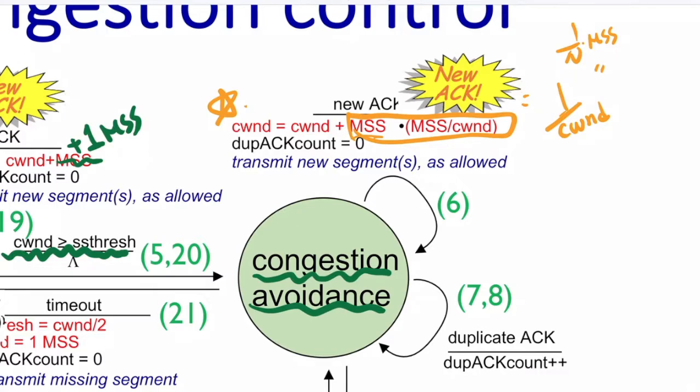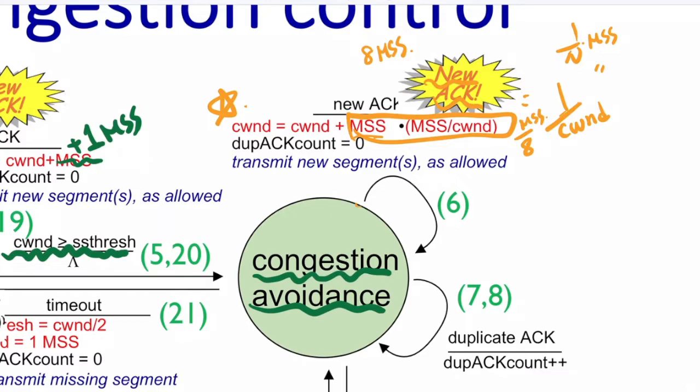For example, if your current congestion window is 8 maximum segment size, you add 1/8 maximum segment size to the current congestion window. So you add 1/8 MSS, and you will have 8 ACKs.